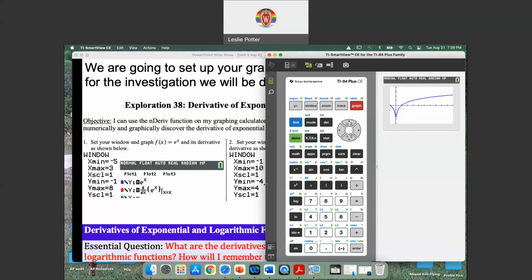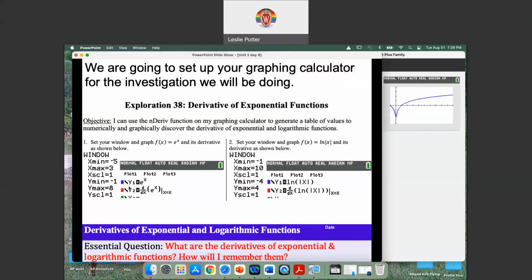We're going to go ahead and do the derivative of each. When you're doing the investigations, again, look at the tables to get the values, graph the values, and then you're going to look for that pattern so that you can find numerically what the derivative of each one of those functions is. Okay, so again, here's the essential question: what are the derivatives of exponential and logarithmic functions?